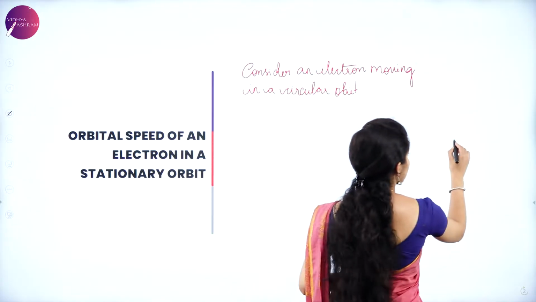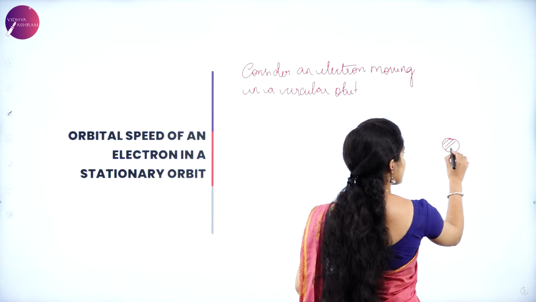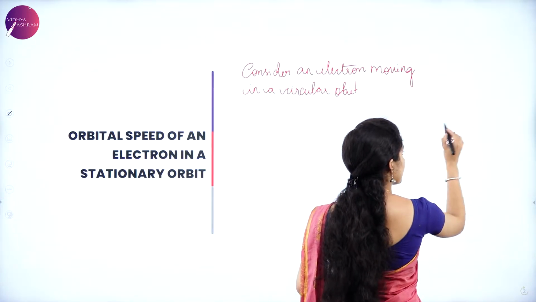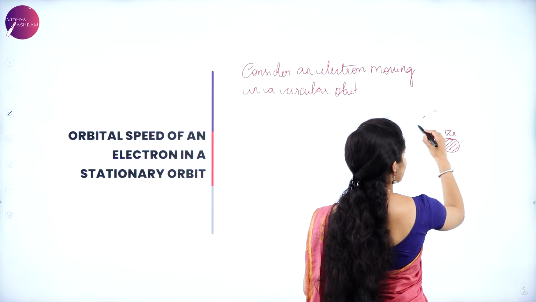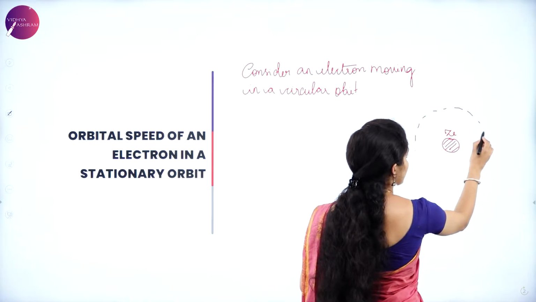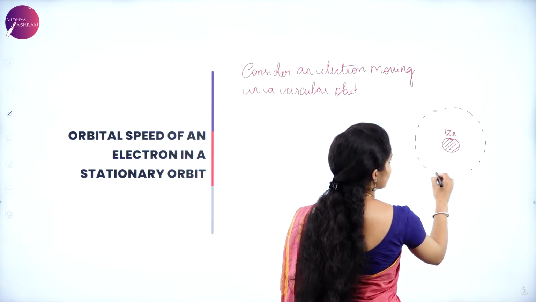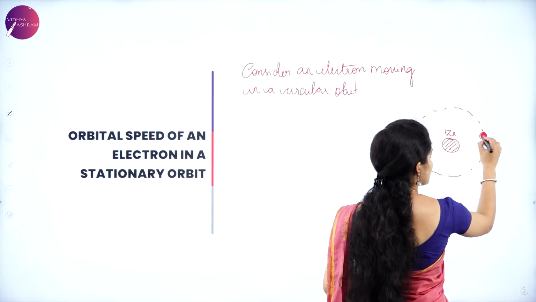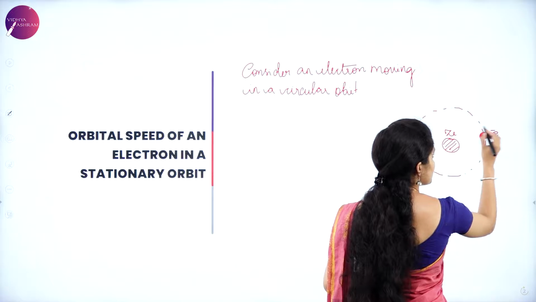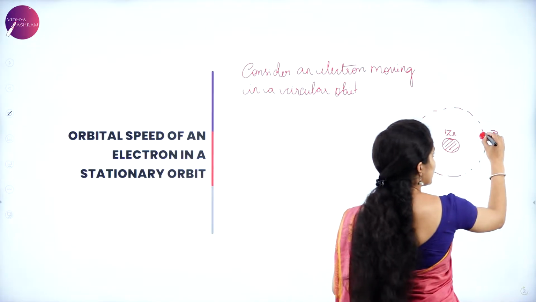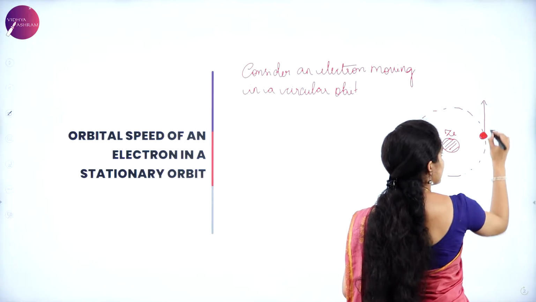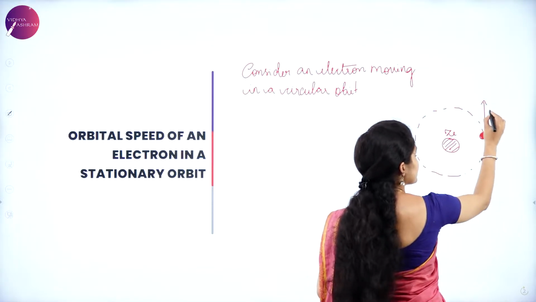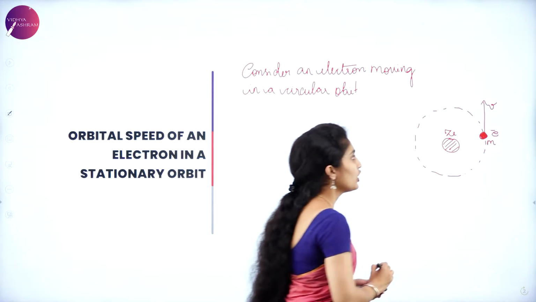So this is a nucleus with charge Ze, and the electron is moving in a circular path which is given by these dotted lines, wherein the electron is present over here with the charge -e. The electron has a certain mass, call it m, and its orbital velocity is v.